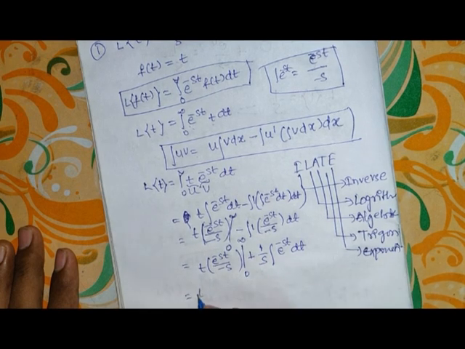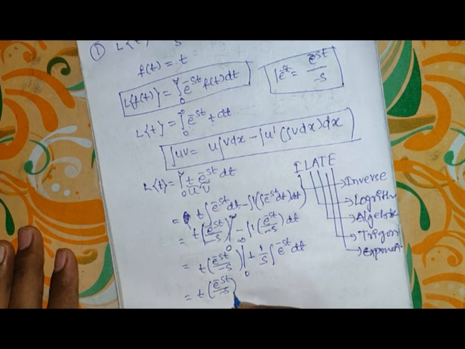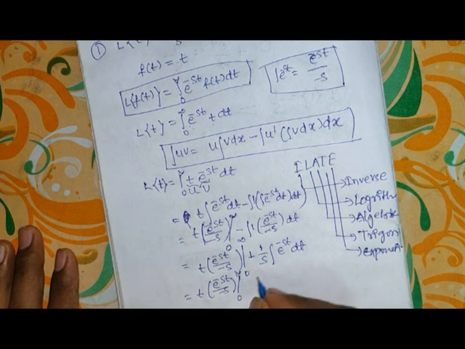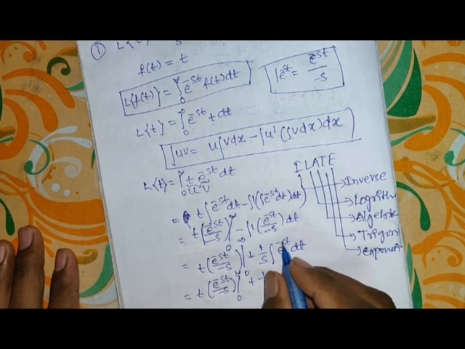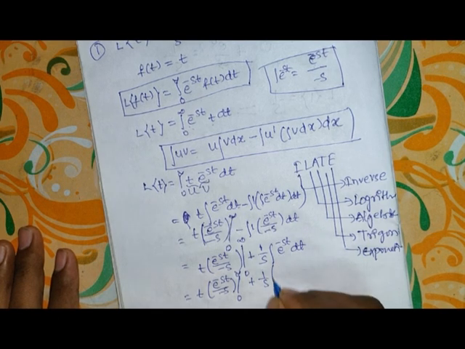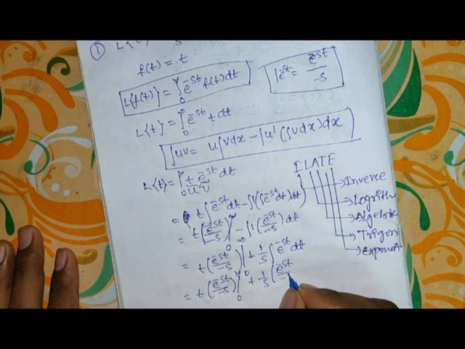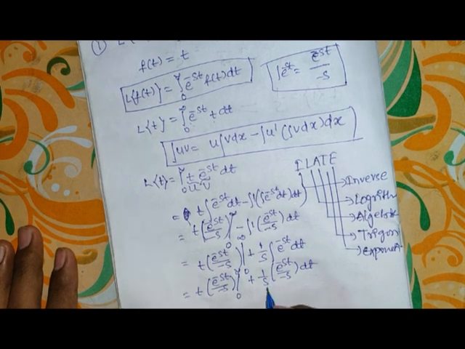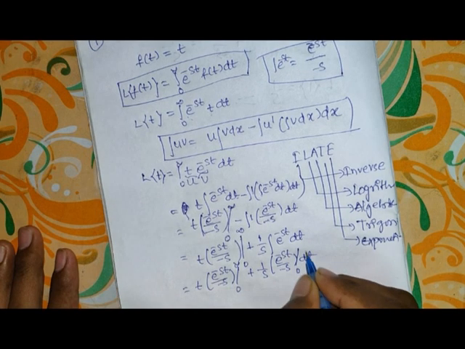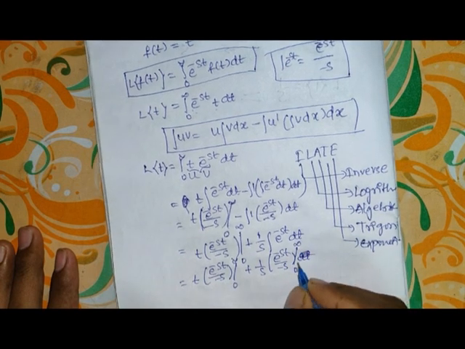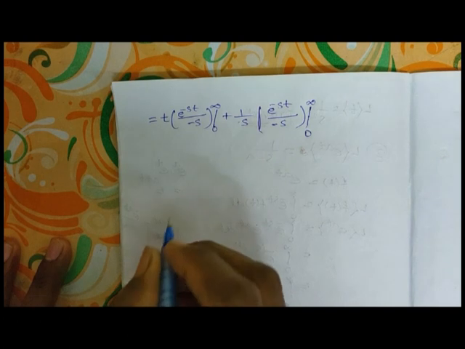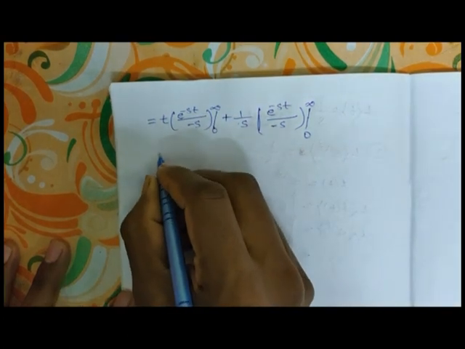So guys, listen carefully, it is very easy to understand. 0 to infinity, same as it is, plus 1 by s. Again we are doing integration of e^(-st). What is the integration of e^(-st)? It is e^(-st) by minus s. So we have to take 0 to infinity, sorry, dt will not come here. So guys, we continue from here onwards.